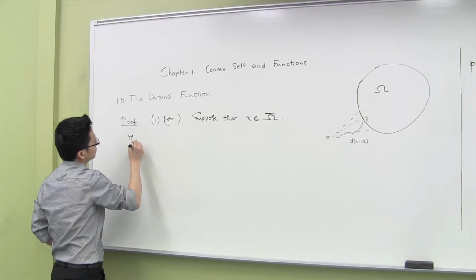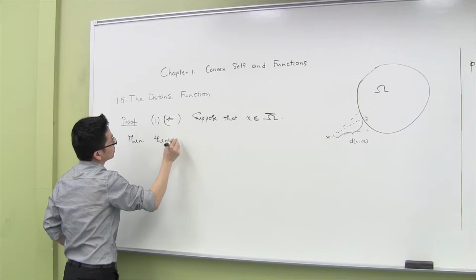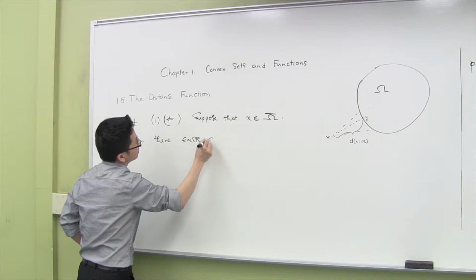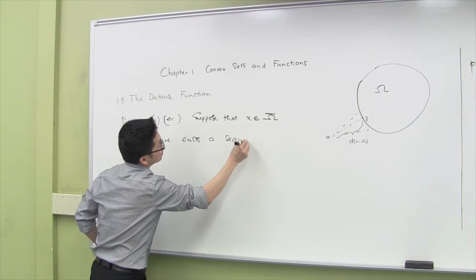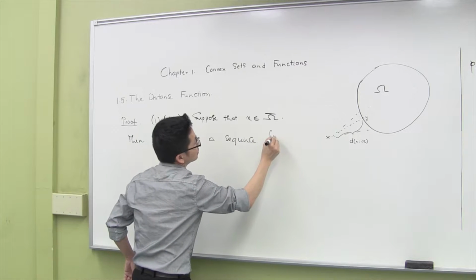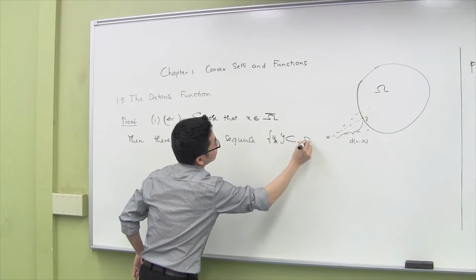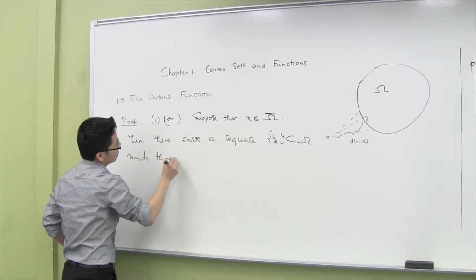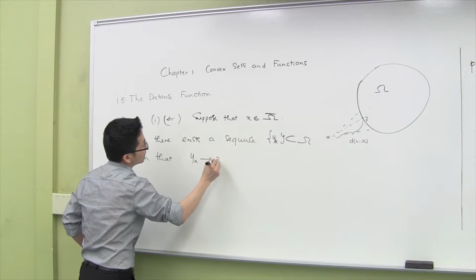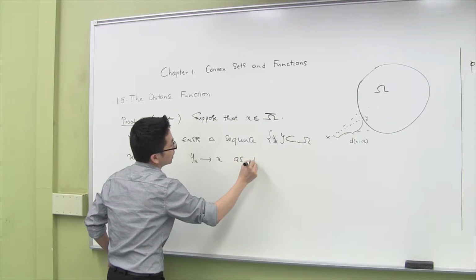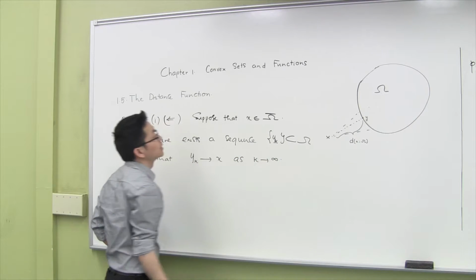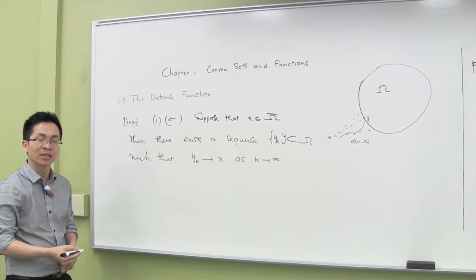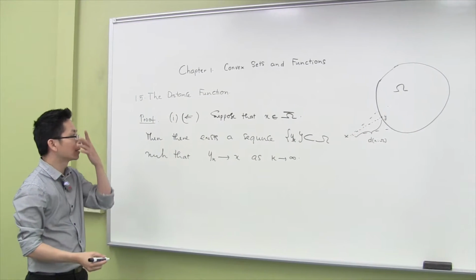Then there exists a sequence yk in omega such that yk converges to x as k approaches infinity. This is an important property of the closure of a set.